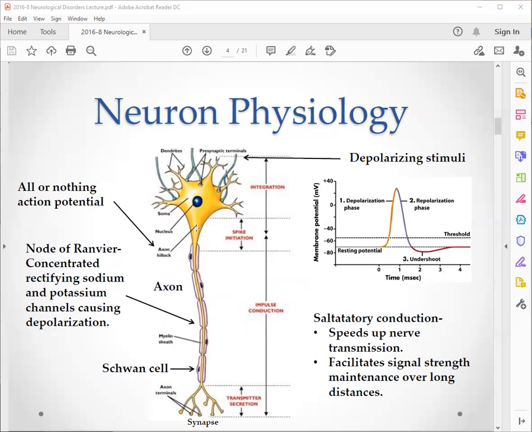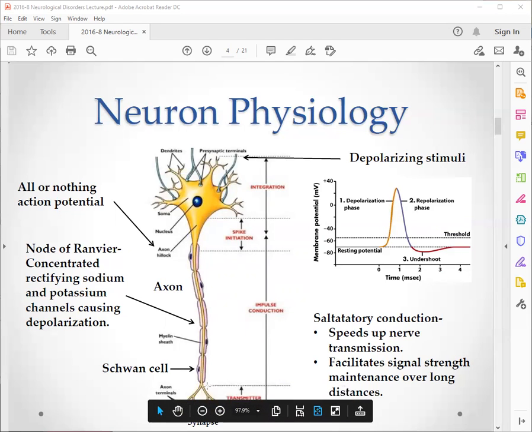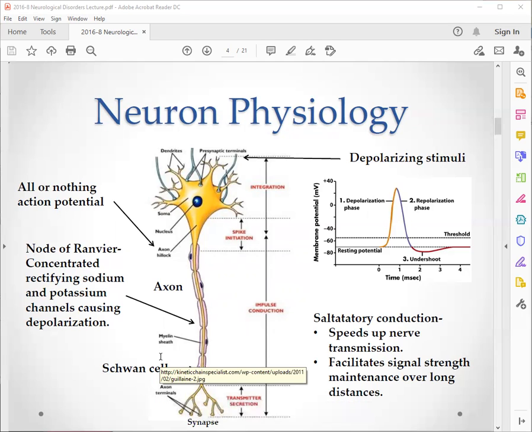If, again, the amount of stimulus received from this presynaptic neuron is enough to depolarize this membrane enough, the axon hillock responds, there's initiation of an action potential, and then that action potential is conducted down this axon to this nerve's synapse that it makes with another cell, whether that be another neuron or a muscle in a neuromuscular junction.